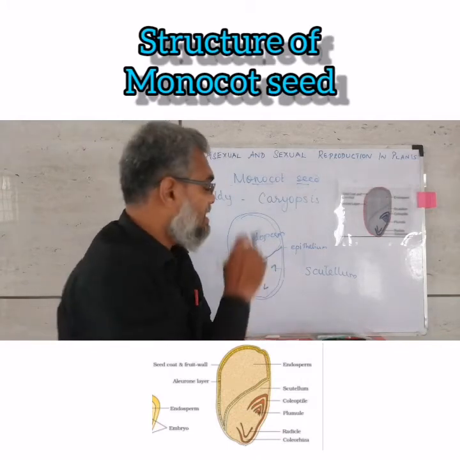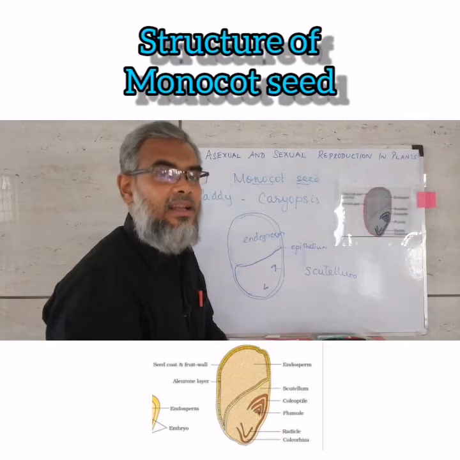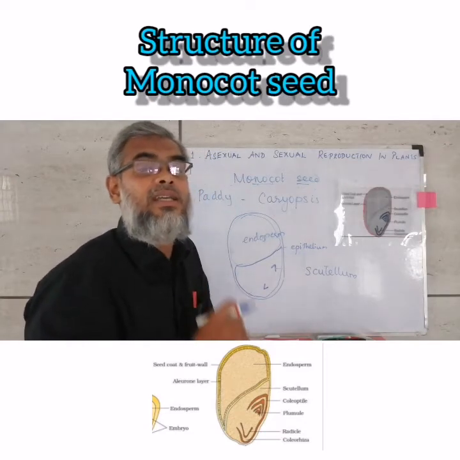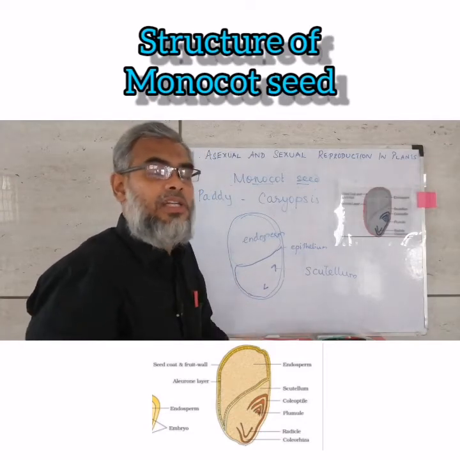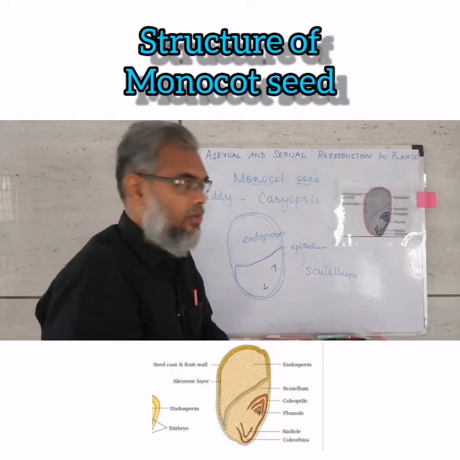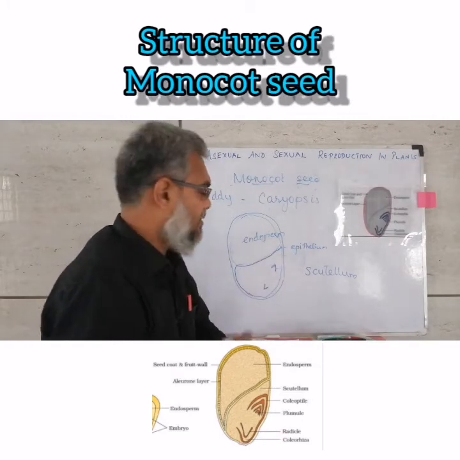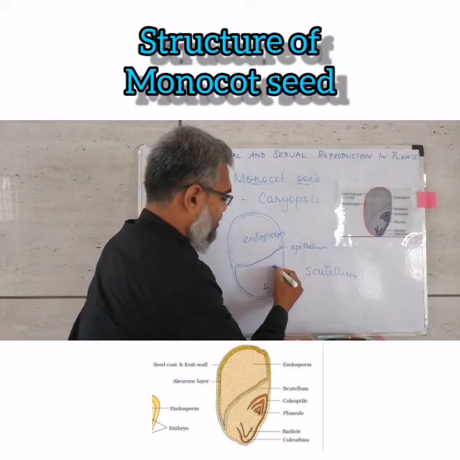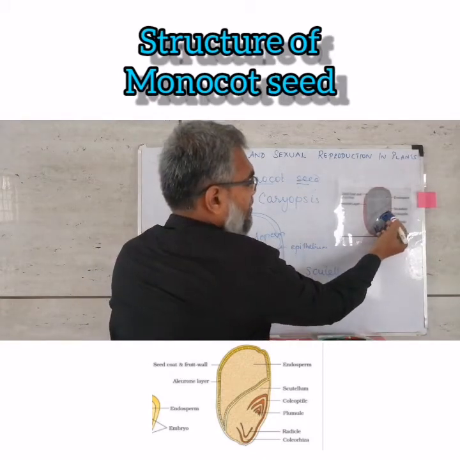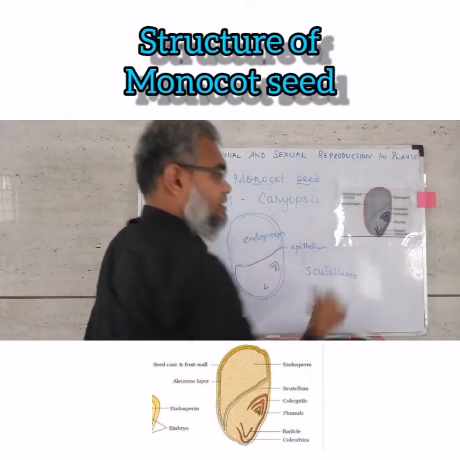But the thing is, this plumule and radicle are protected by some covering. A protective sheath is present for the plumule and radicle. This is the plumule, and you can see a protective covering is present, isn't it?